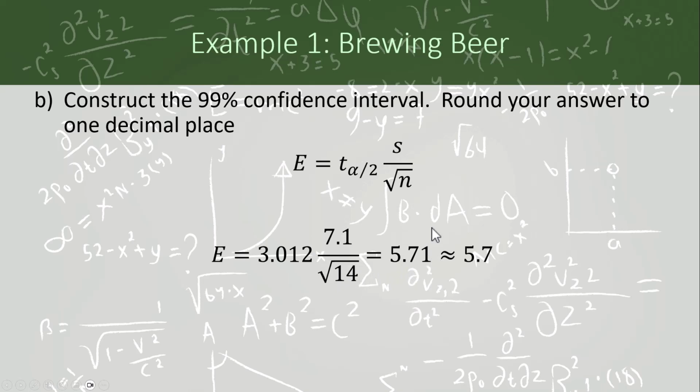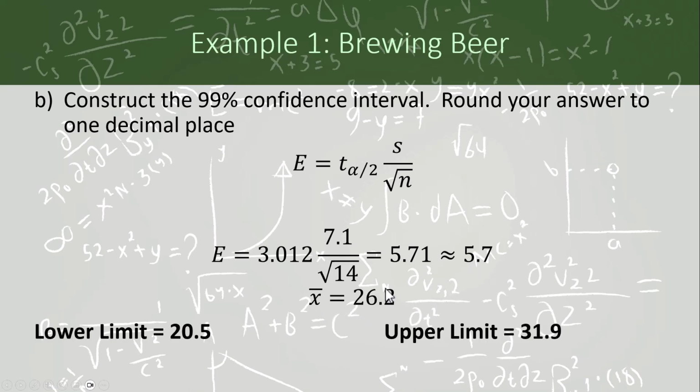Now keep in mind that our rounding rule is that our error needs to have the same number of decimals as our standard deviation, so we can round this to 1 decimal. Also noting that our sample mean is 26.2, our lower limit is going to be 26.2 minus 5.7, which is 20.5, and your upper limit is going to be 26.2 plus 5.7, which is 31.9.